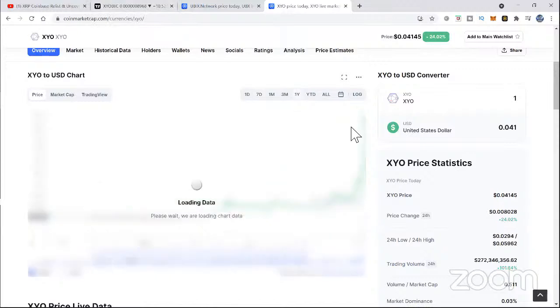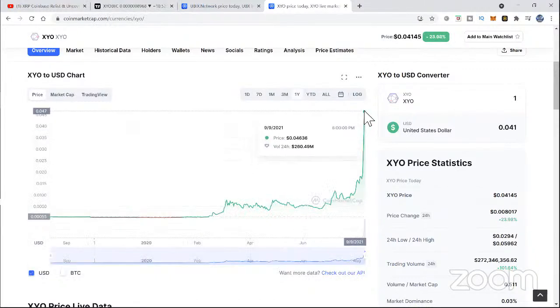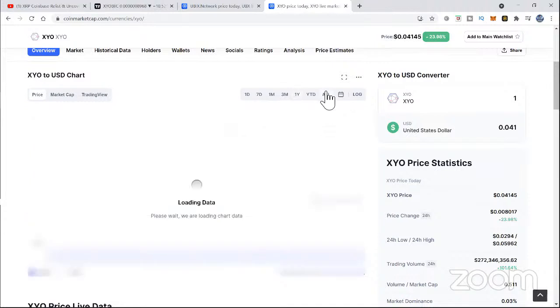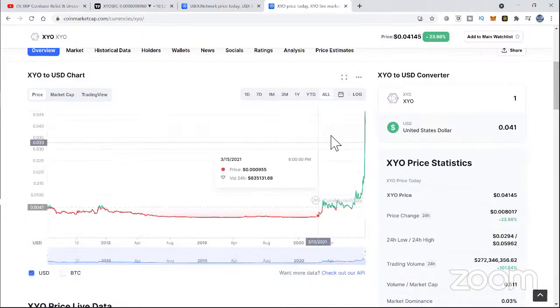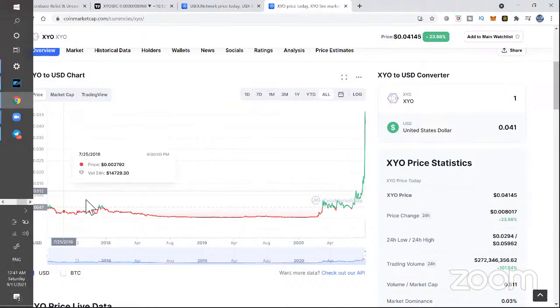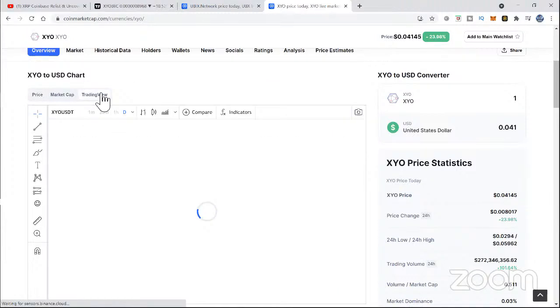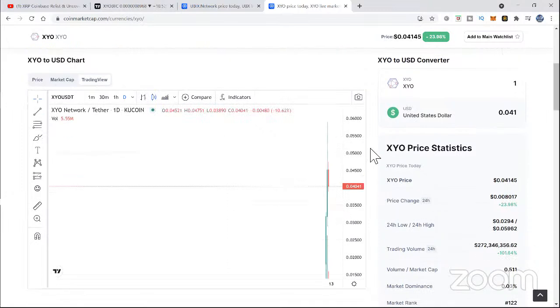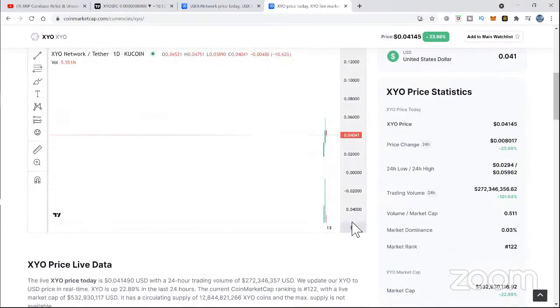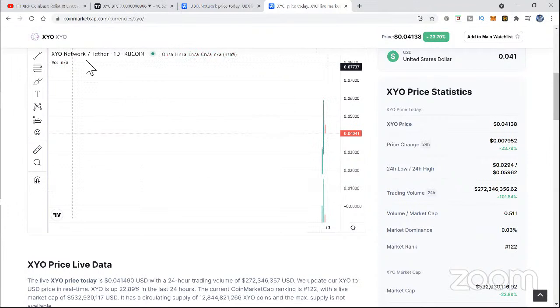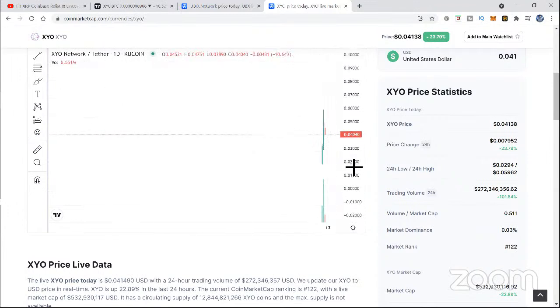So if we go back to a year, you can see that we have never been this high. On here, it shows this, right? But if you go to TradingView, it's not going to show anything really either, because it's showing the brand new XYO versus Tether, and it's not showing anything on there.